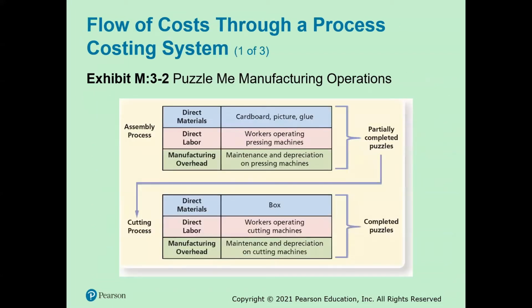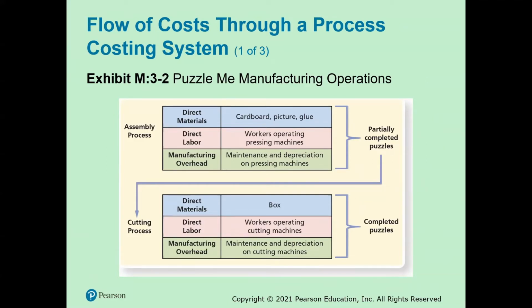Here you see in Exhibit 3-2, it illustrates Puzzle Me's manufacturing operations. Puzzle Me is a fictitious jigsaw puzzle manufacturing company. It divides its manufacturing operations into 2 processes: assembly and cutting.